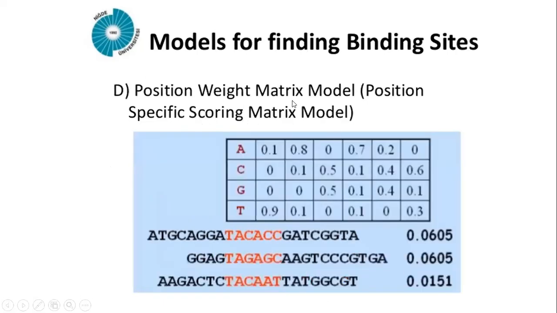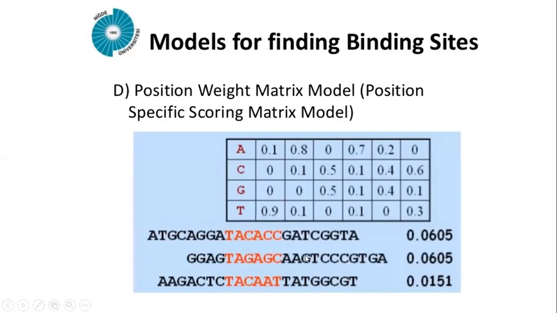Another one is called the weight matrix model. In the weight matrix model, given a stretch of 6 to 8 nucleotides, you look at how many times a nucleotide comes at each position. It may be 0.1, and given a consensus sequence, T may be 0.9 here. A may be 0.7 in another position, A is coming 3 out of 3. So you generate a score.